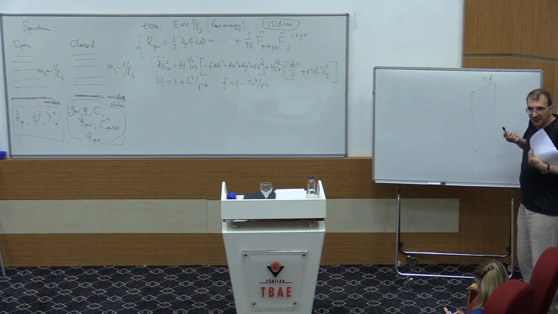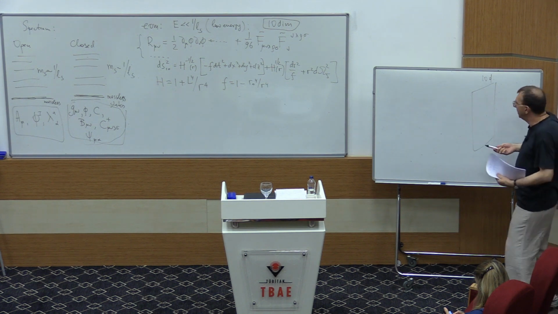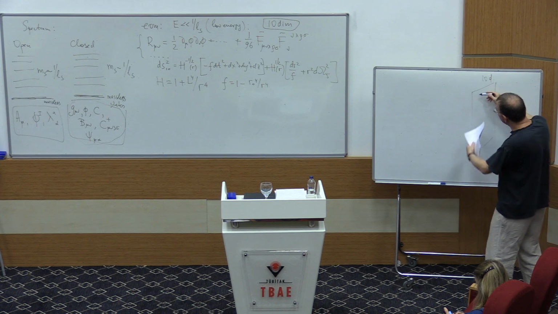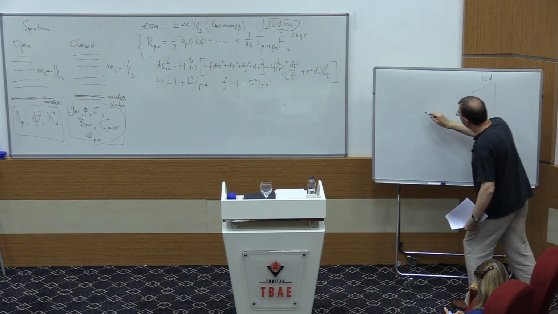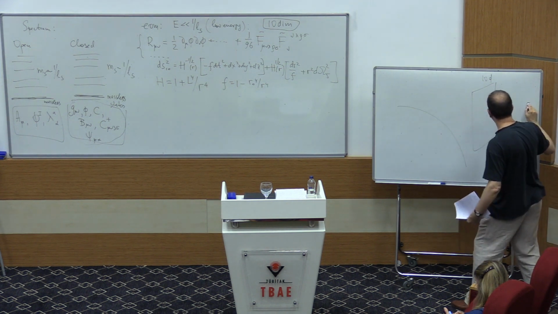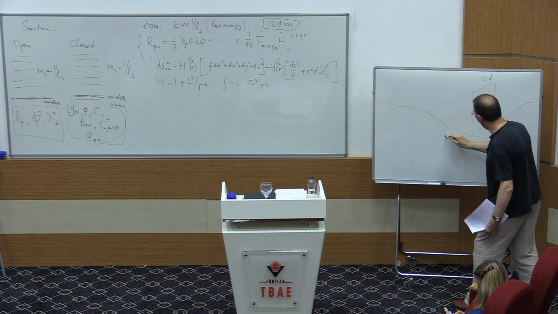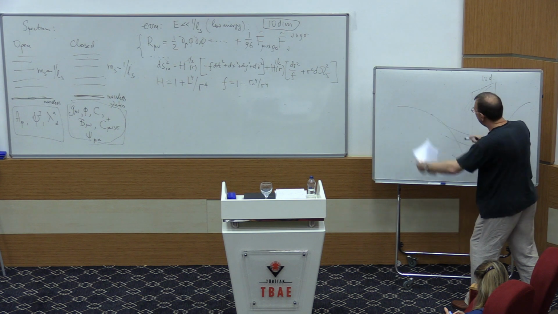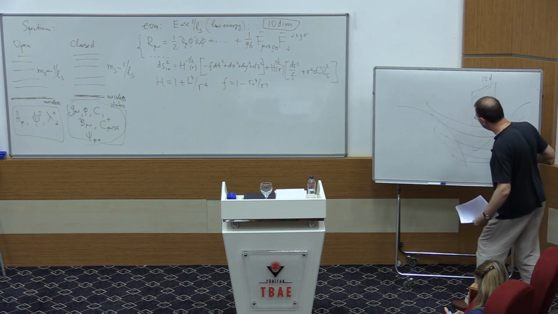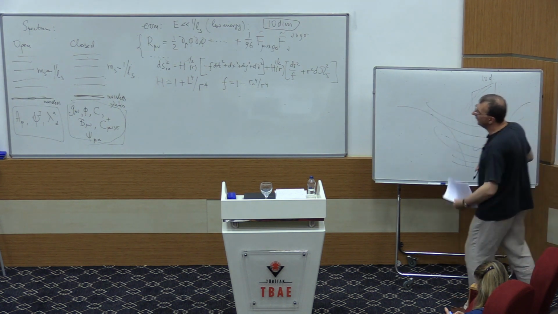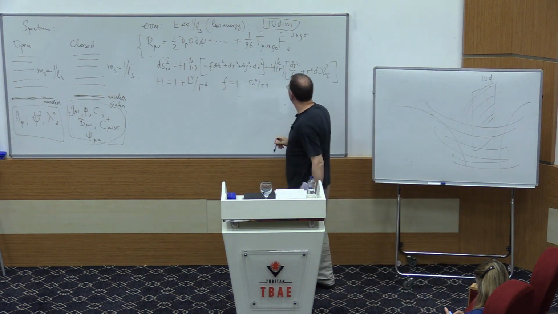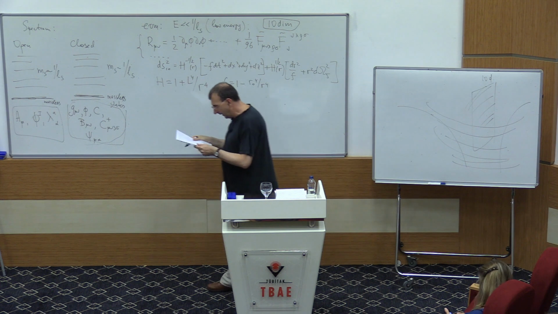It has some tension or some mass per unit volume, and therefore it curves space-time. So you can think of the sheet, but in fact, the space-time around it is curved. So there is some mass, and this mass curves the space-time. But again, the symmetries are the same as the symmetries of the brane.